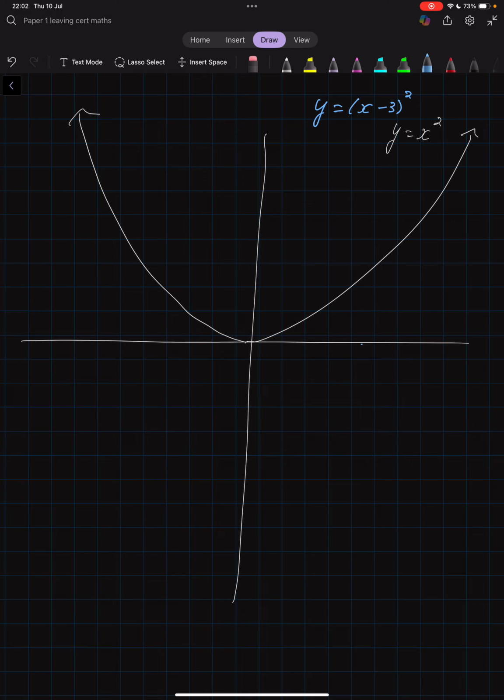The answer is it actually moves to the right. Your intuition might tell you that it should go left, but it doesn't. It actually goes to the right.